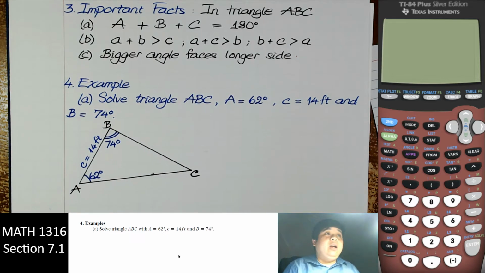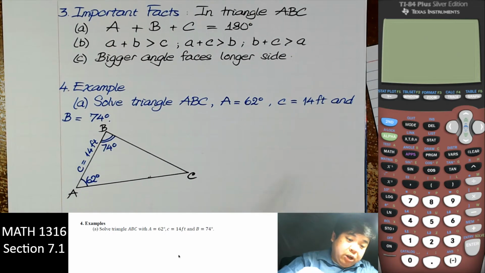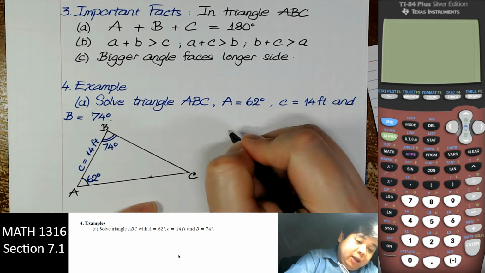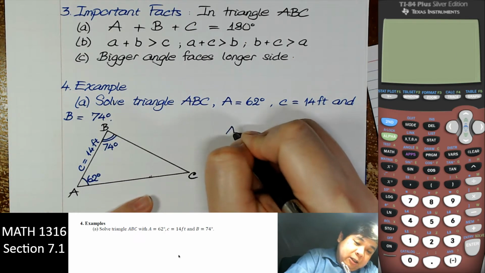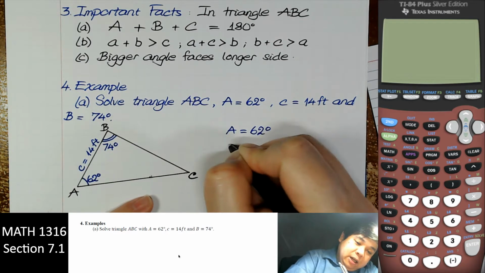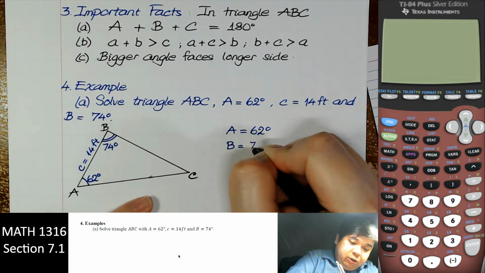So we draw a triangle, and I would recommend that we also write down all the information we have. Angle A, 62 degrees, angle B, 74 degrees.